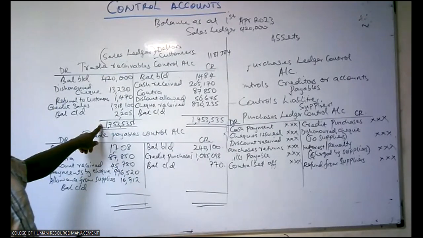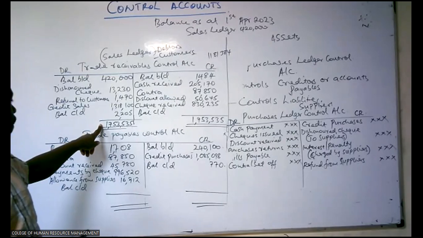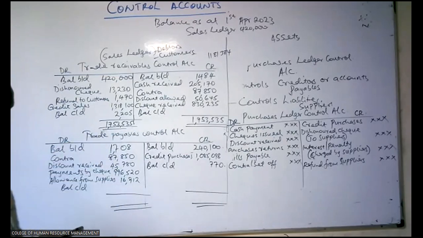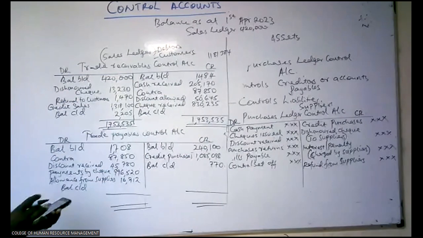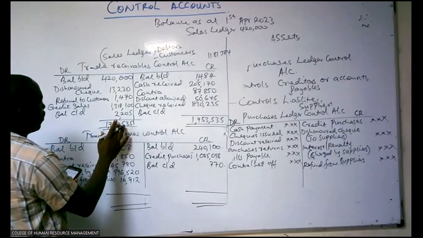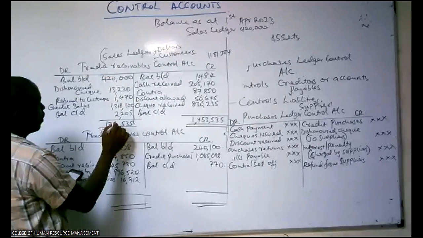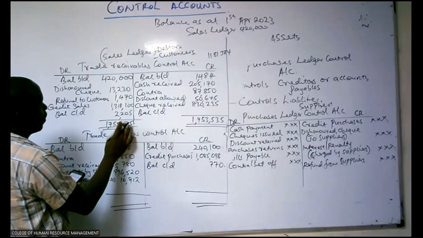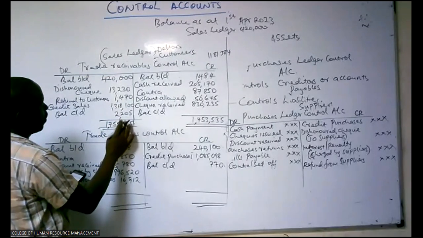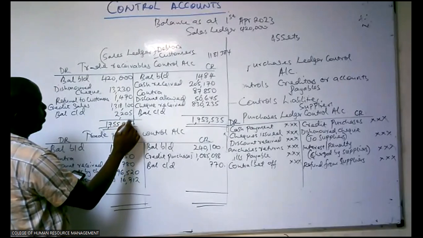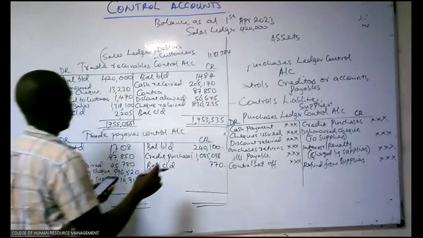Yes, the debit, you are not getting this? I'm getting 1,755,005. Same here, I'm getting the same figure. 1,755,005. Go by that.